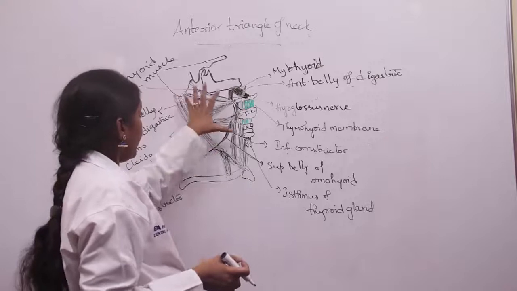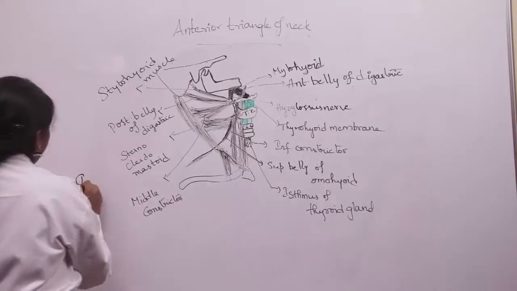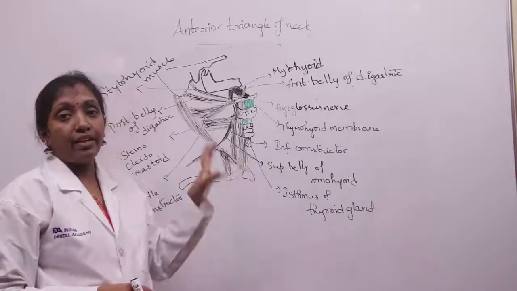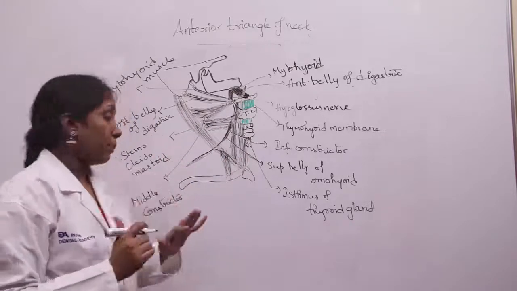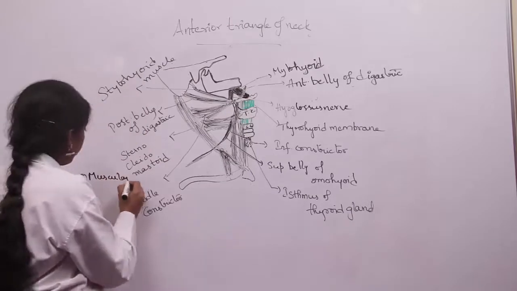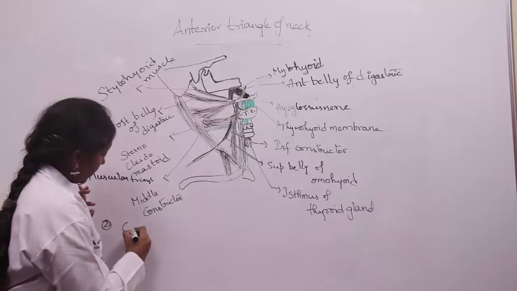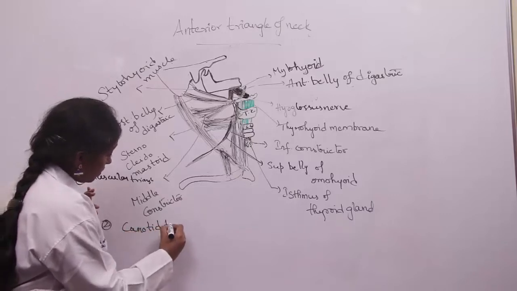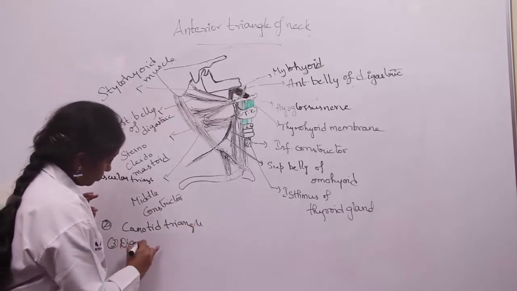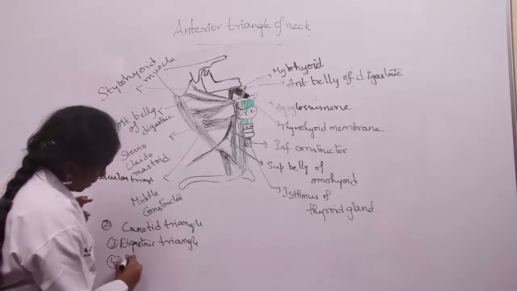The anterior triangle is divided into 4 subdivisions by the anterior and posterior belly of digastric and the superior belly of omohyoid. The anterior triangle is further divided into 4 subdivisions: the muscular triangle, second one is carotid triangle, third one is digastric, fourth one is submental.